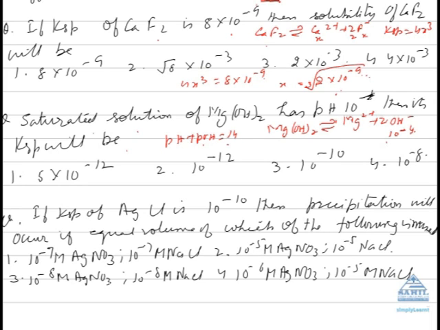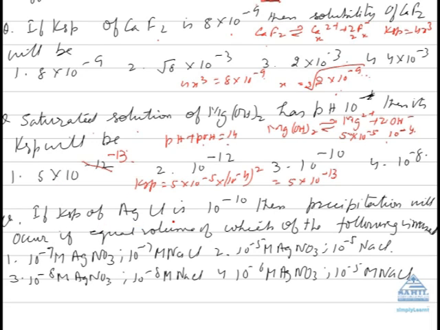Concentration of OH ions will be 10 to the power minus 4. Magnesium ion will be 5 into 10 to the power minus 5. Ksp will be equal to 5 into 10 to the power minus 5 into 10 to the power minus 4 whole square, which will come out to be 5 into 10 to the power minus 13. So the answer will be 5 into 10 to the power minus 13.